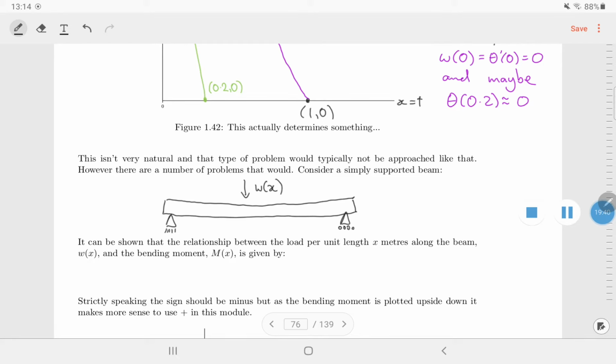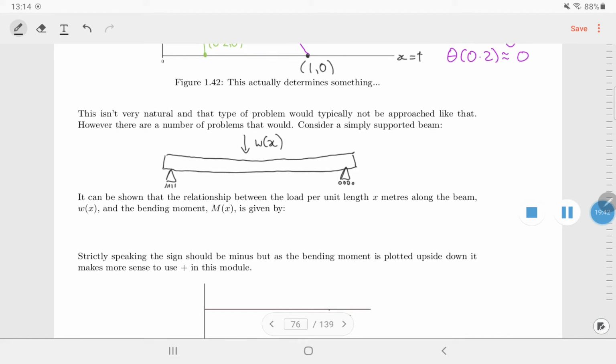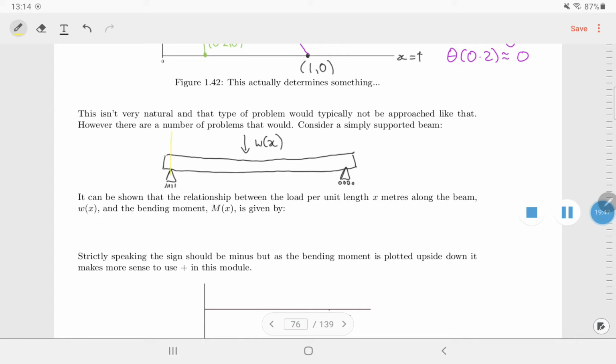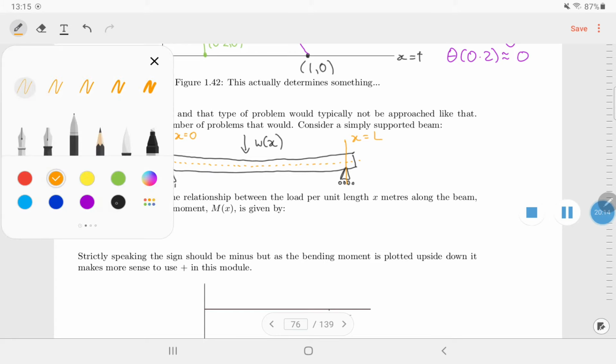It can be shown that there is a relationship between the load per unit length and x. This is x equal to 0, and then you've got the distance along the beam. The x-axis is actually slightly deformed. It's basically the x-axis, and then this is x equal to L. The load per unit length is basically the intensity of the load.